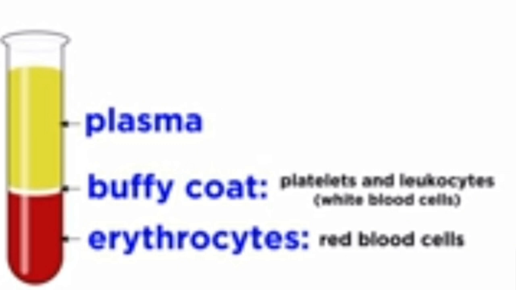The densest section is comprised of erythrocytes, or red blood cells, and the least dense section will be the yellowish plasma. They are separated by the buffy coat, a white layer containing platelets, as well as leukocytes, otherwise known as white blood cells.